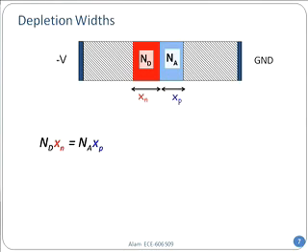So first of all, you again say the same rule, Nd multiplied by xn is equal to Na multiplied by xp. Do you remember that this is only for a homojunction? Because if you had a heterojunction, I would require the displacement to be continuous. So this is one rule.